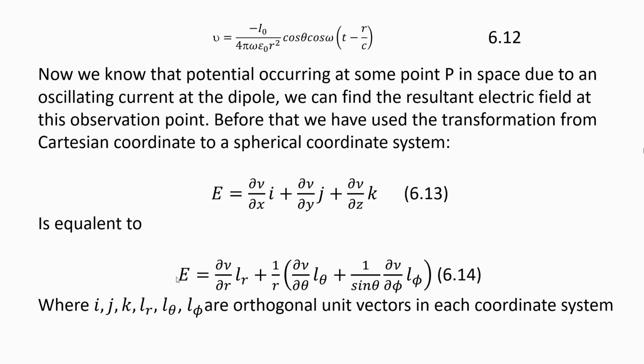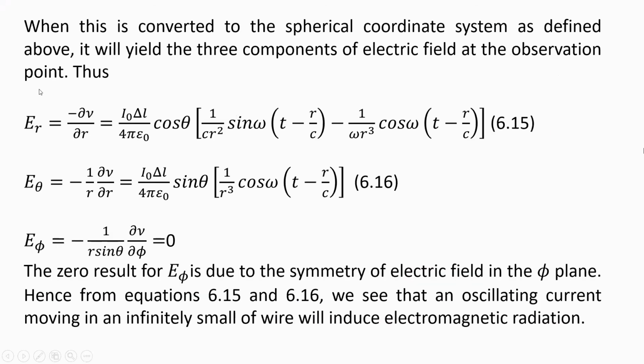So according to this equation, when we differentiate this, we will have some components for the spherical coordinate system. Of course, for a dipole, the most important and bigger part is the meridian component. So this part is rather small.